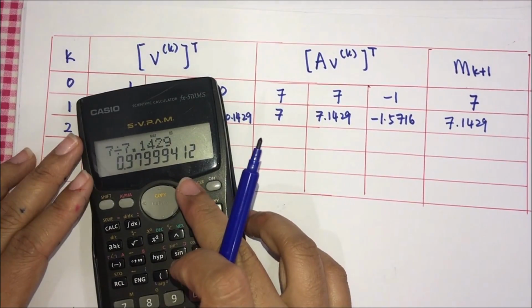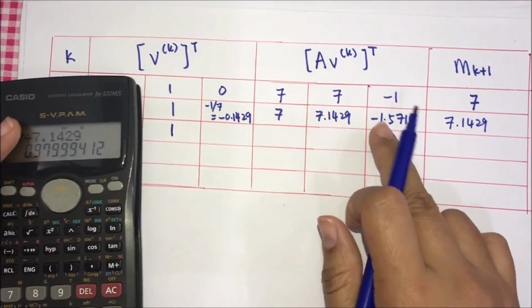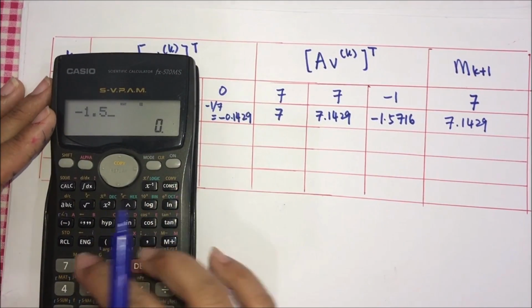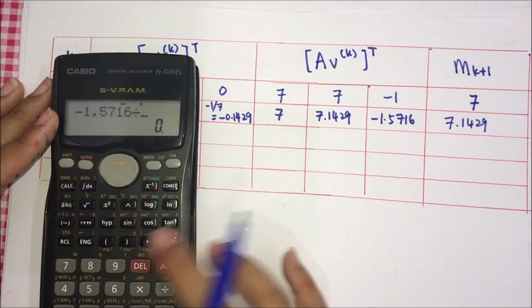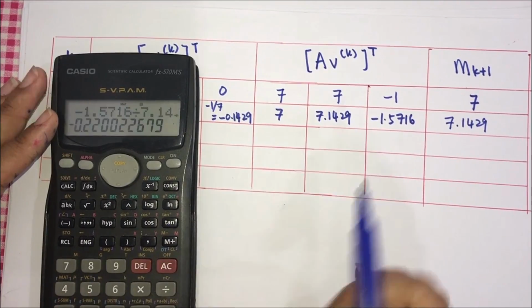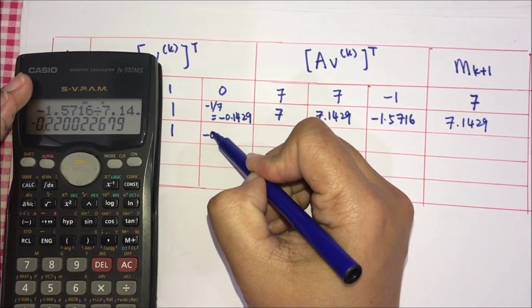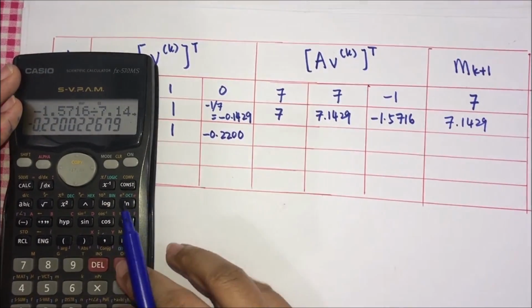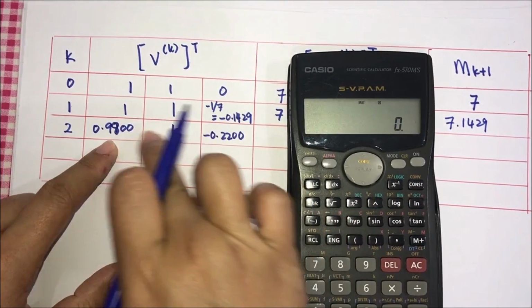This one is 1. This one is negative 1.5716 divided by 7.1429, and we get negative 0.2200.